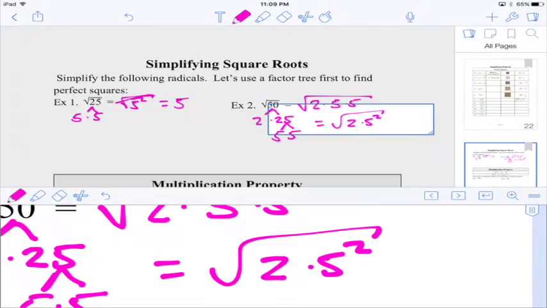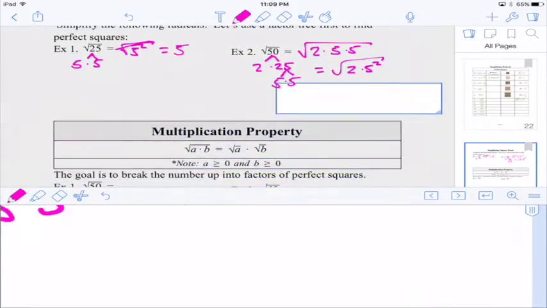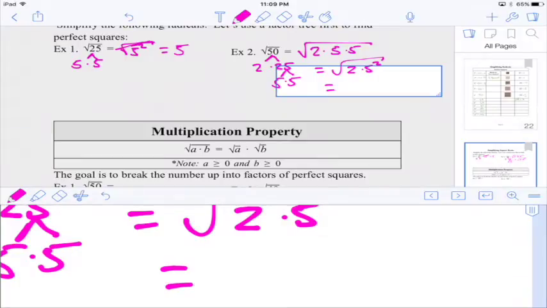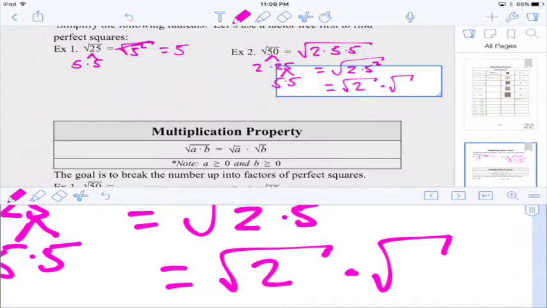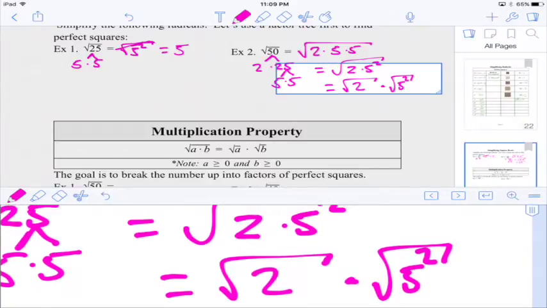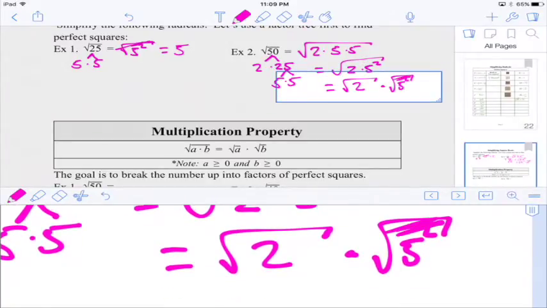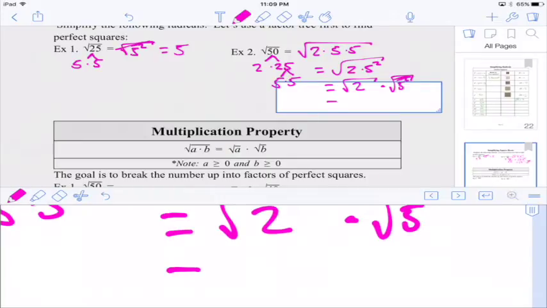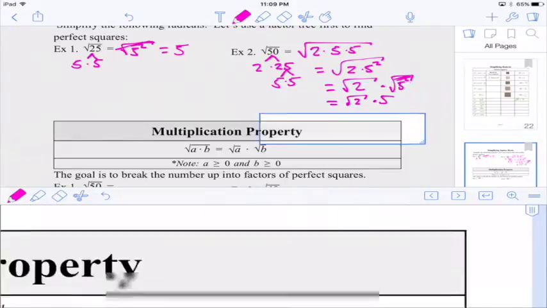Well, what we're going to see down here is the multiplication property. So I could break this into pieces. The square root of 2 times the square root of 5 squared. Well, we know that's going to cancel, so we get the square root of 2 times 5. So that's what we're going to be doing as we simplify radicals.